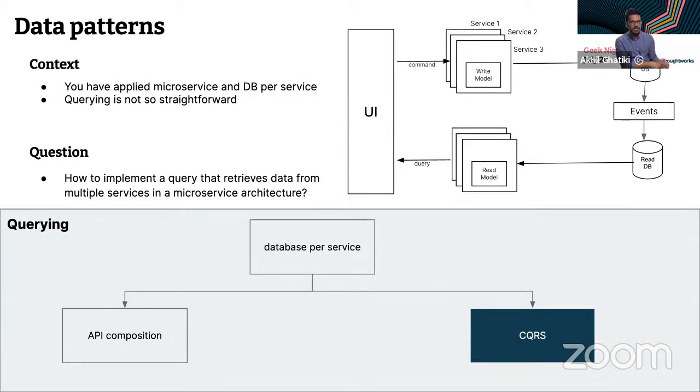CQRS separates reads and writes into different models. You're going to use commands to update the data, and you're going to use queries to read the data. Commands are typically task-based rather than data-centric. You send it as a task, and it updates the write model that you have.